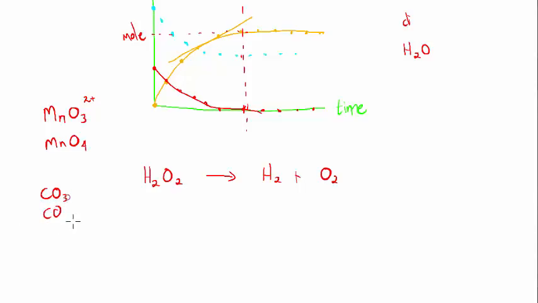Percarbonate is CO3. Sulfate SO4. Persulfate is SO5. Okay. So when you see that per, just take away the per and see what hydrogen oxide would have been. Oh, H2O. Okay. So per would be H2O2. Okay. Cool.